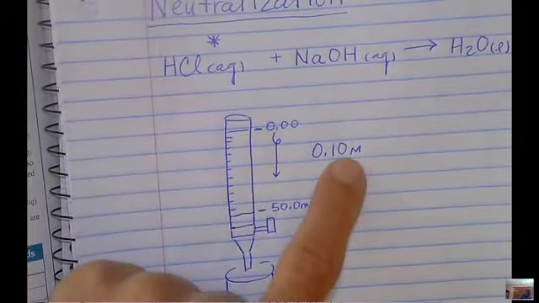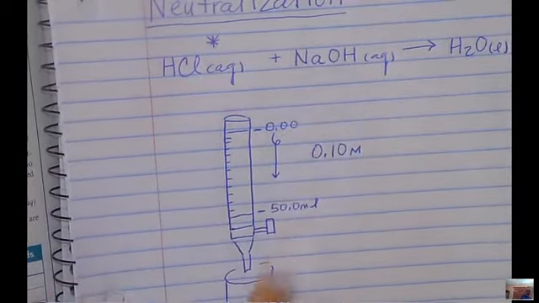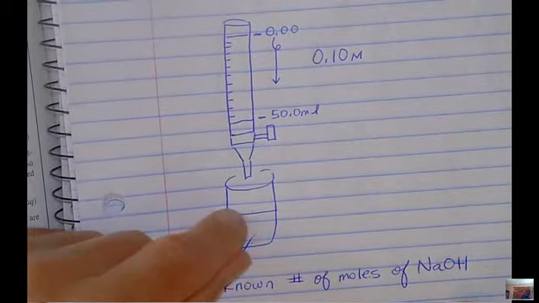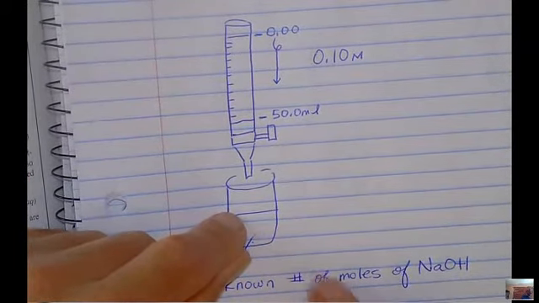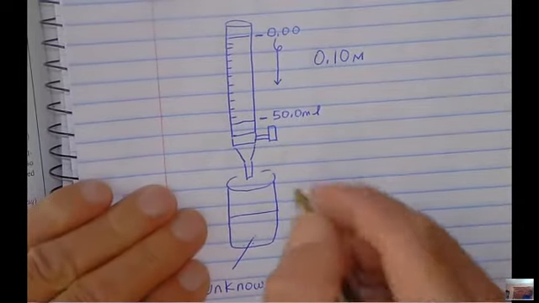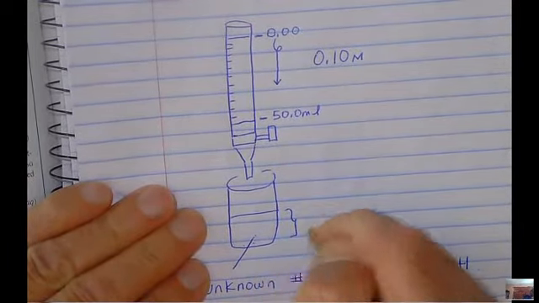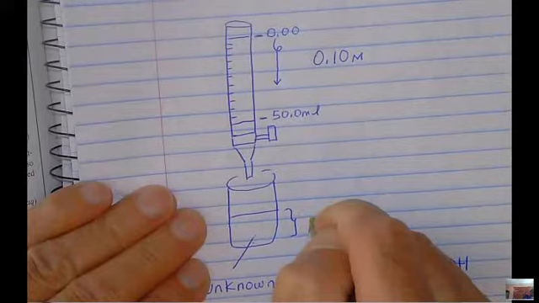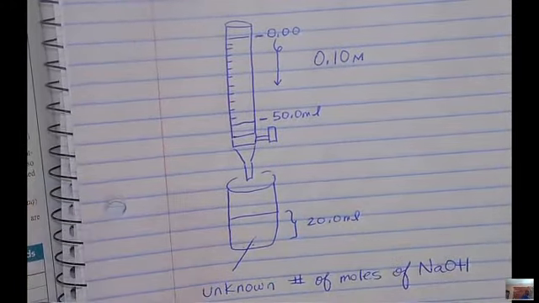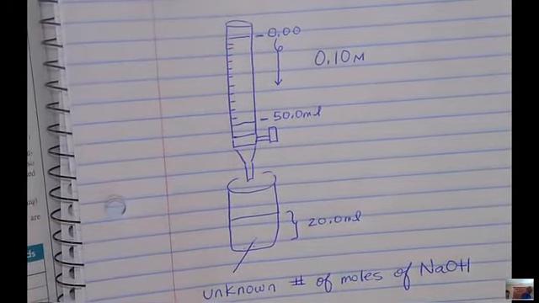I know its concentration is 0.1. This guy is unknown. I don't know how many moles are down here. Again, if it was a solution, I can get its molarity because I'll find out the number of moles, and then I'll just divide by the volume. So I'll make this, let's say, 20.0 milliliters of solution, so I can measure that.